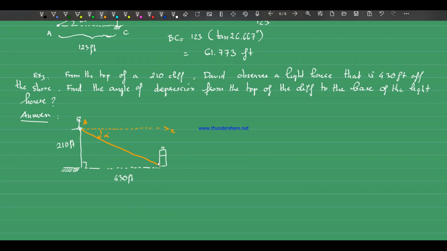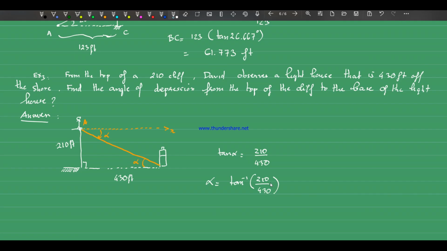The angle alpha over here is the same as angle alpha right here, because they're parallel with a transversal line. So we can use tangent. Tangent alpha is opposite over adjacent. Then alpha will be inverse tangent of opposite over adjacent.